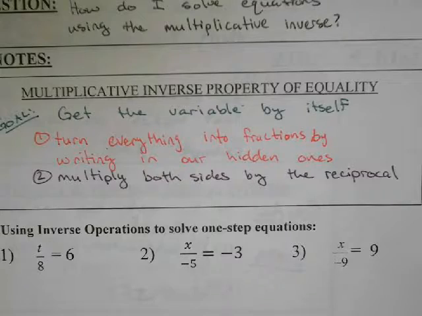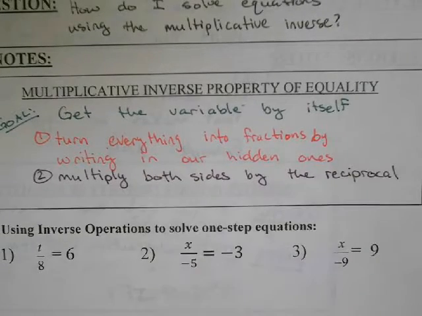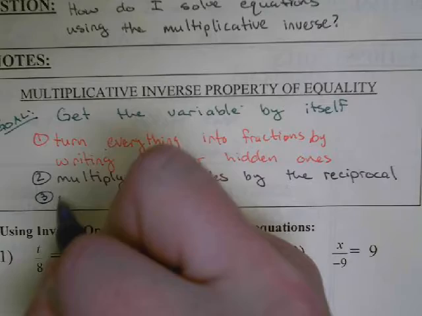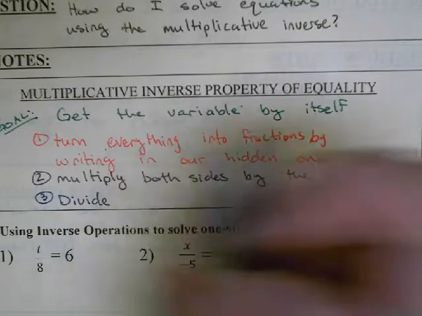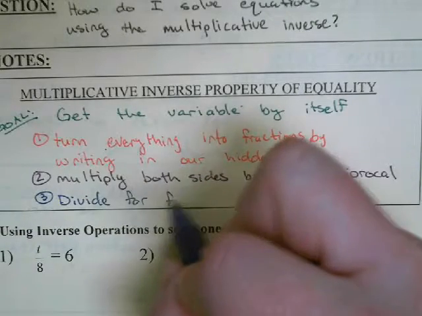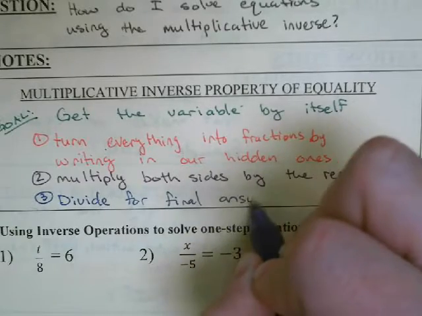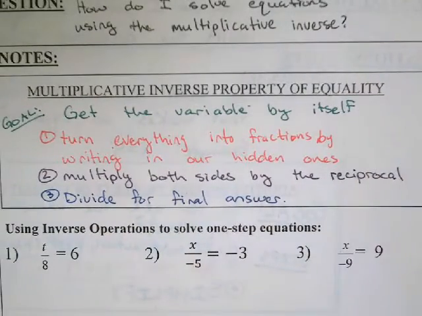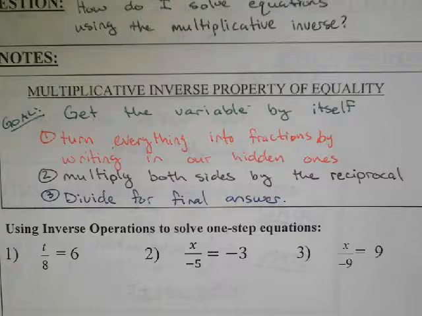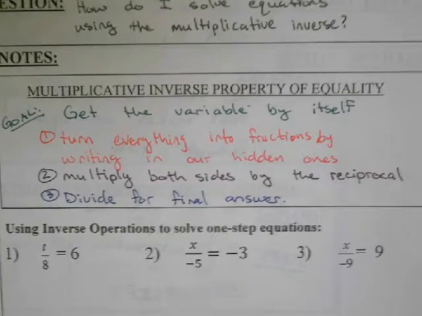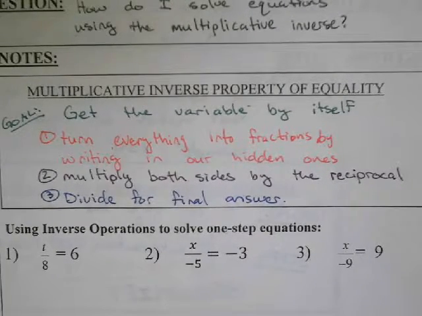And then our final step will be to divide for final answer. Okay, so we'll turn everything into fractions, multiply both sides by the reciprocal, and divide for our final answer.